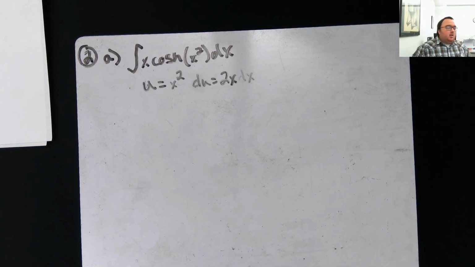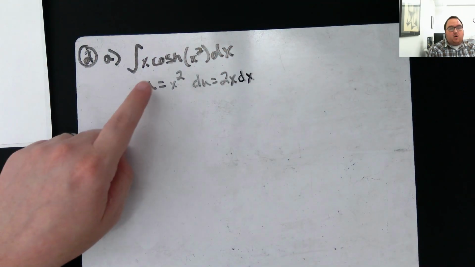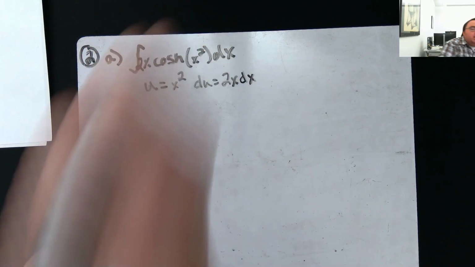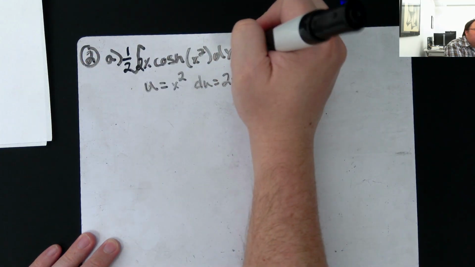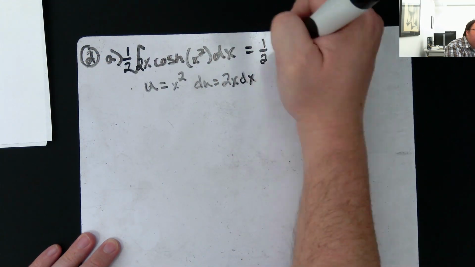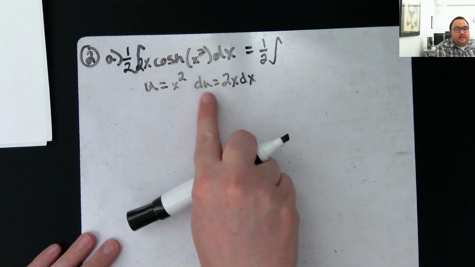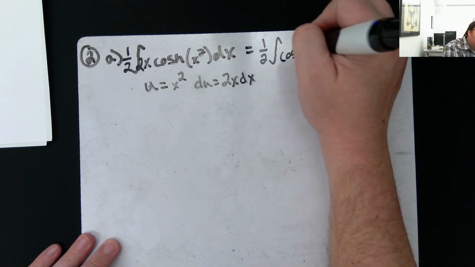So this has to be 2x dx, which is okay because I already have x right here. I just need a 2 out front, which I can put there as long as I put a 1/2 out front. So this is going to give me 1/2 integral, 2x dx becomes du. So I just have hyperbolic cosine of u.